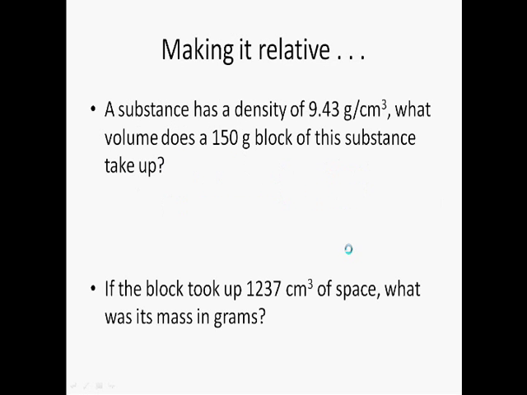If I have 9.43 grams per centimeter, that division sign in there stands for per. Which also means equal to, so we can set up conversion factors.